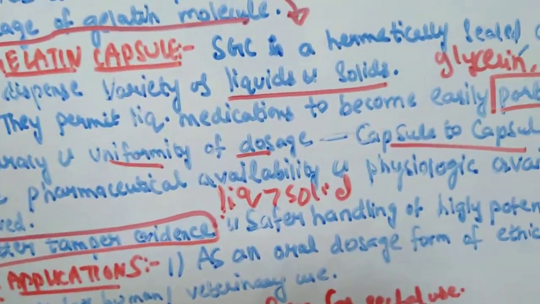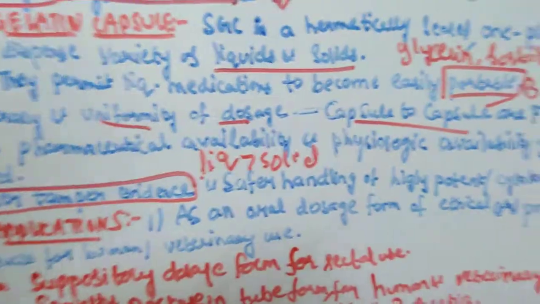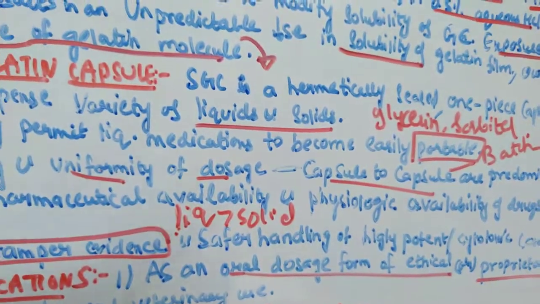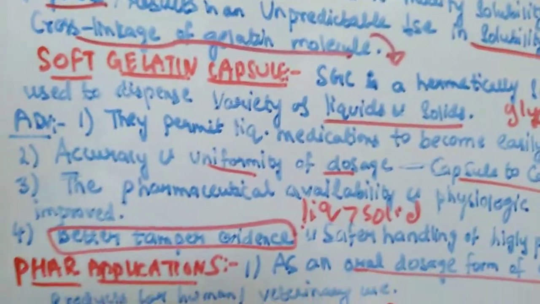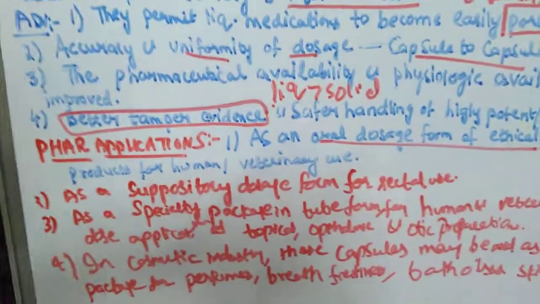As an oral dosage form of ethical or proprietary products. Ethical means traditional, right? Ethical or proprietary products for human and veterinary use. So apart from human use, they can also be used for animals.